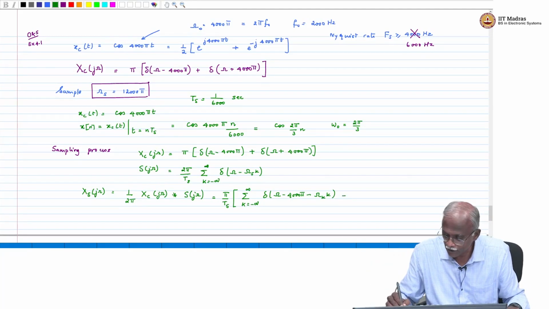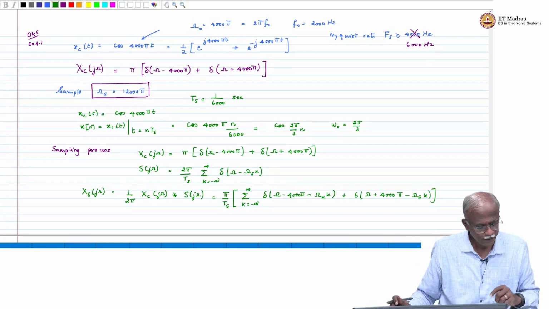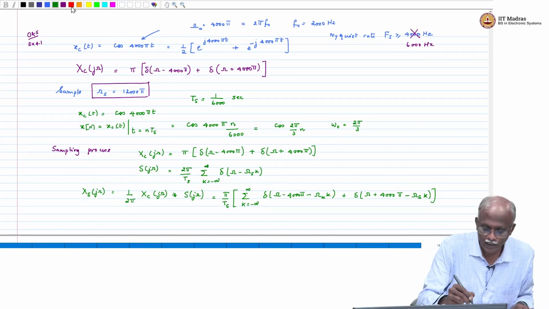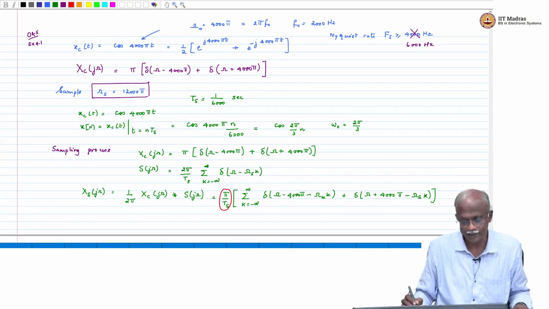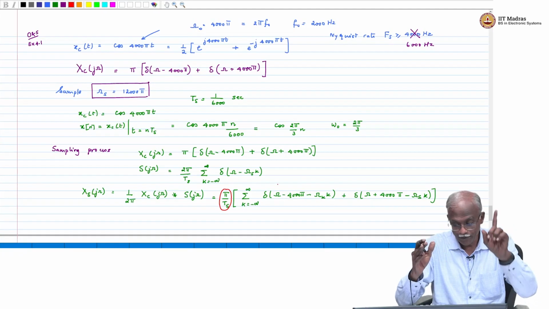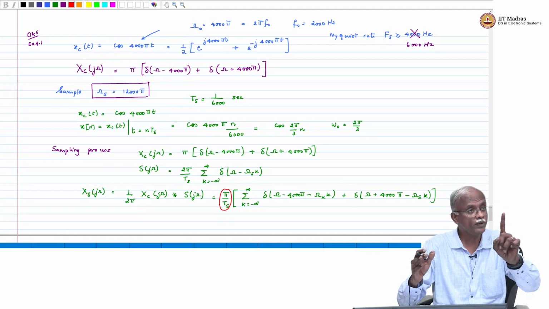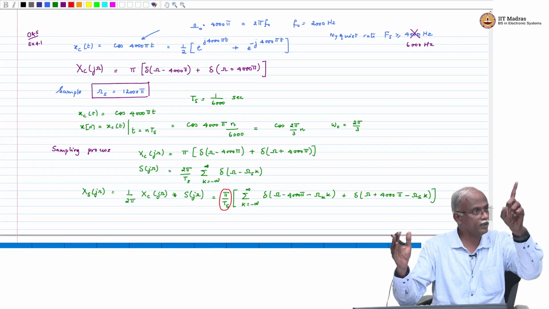And the other delta function will be delta of omega plus 4000 pi minus omega s into k. Okay. So, two things to note. One is you will get a scale factor of pi over Ts. And now you will get Dirac deltas. If you take k equal to 0, where will you get it? You will get it at plus 4000 pi and minus 4000 pi. That is the input signal.